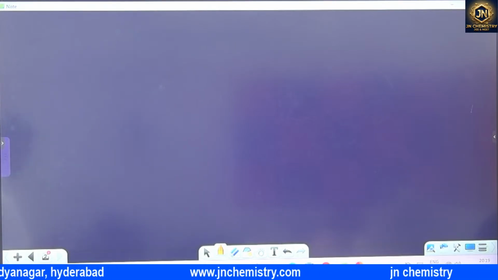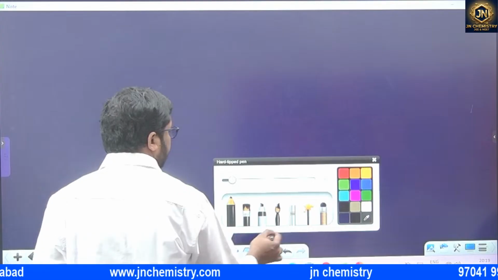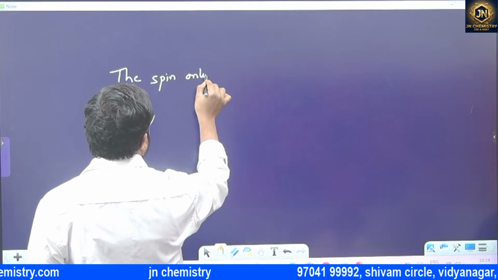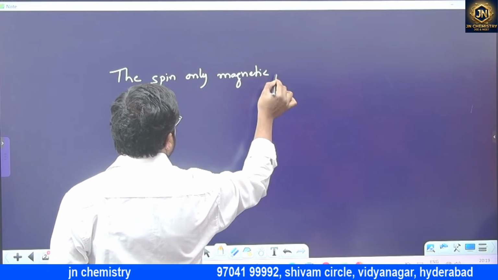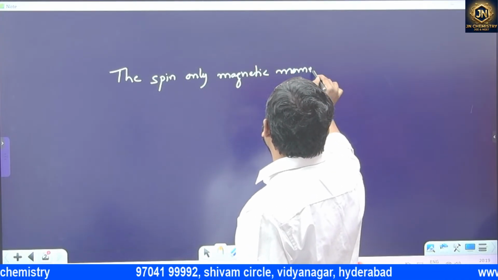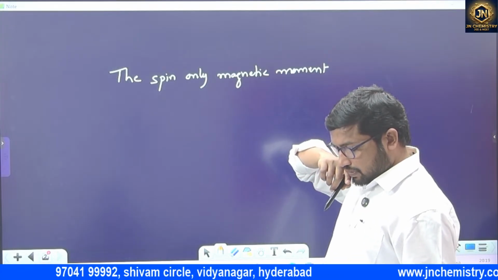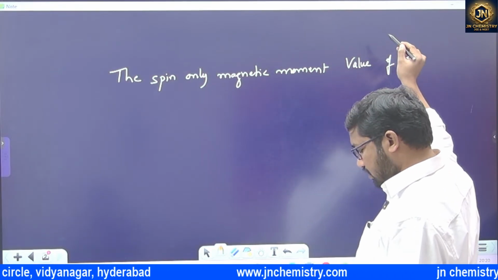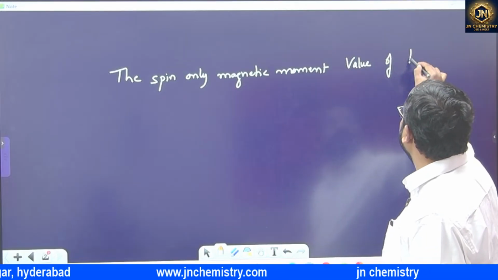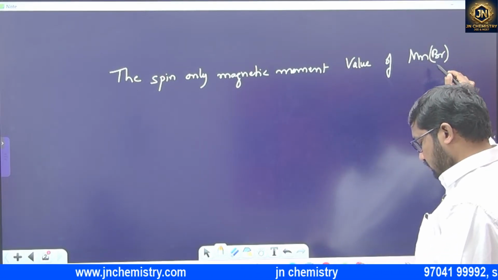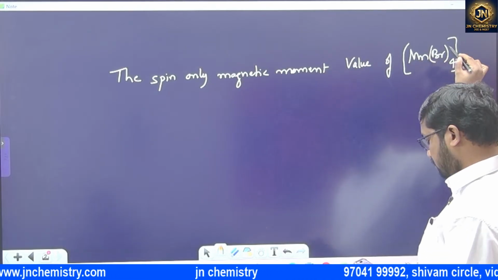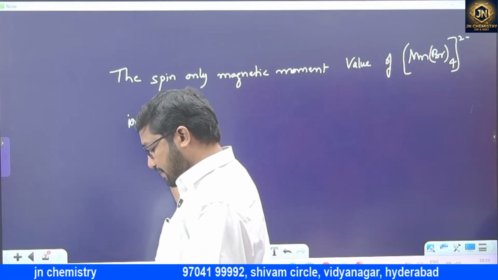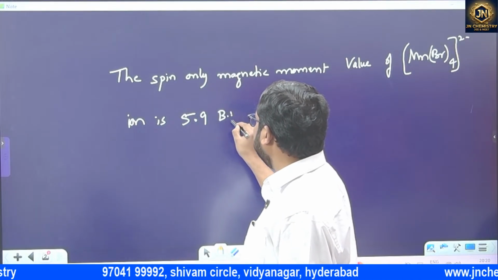The spin only magnetic moment value of [MnBr4]2- ion is 5.9 BM.